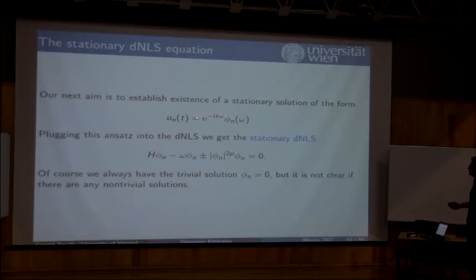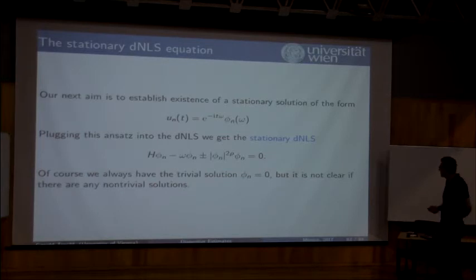You have this e to the i t omega times some stationary profile phi of n. If you plug this ansatz into the equation, then you get the corresponding stationary equation, and one asks oneself, are there any solutions? Of course, there's the trivial solution, that's clear, we're always going to have this, but are there any non-trivial solutions to this equation?